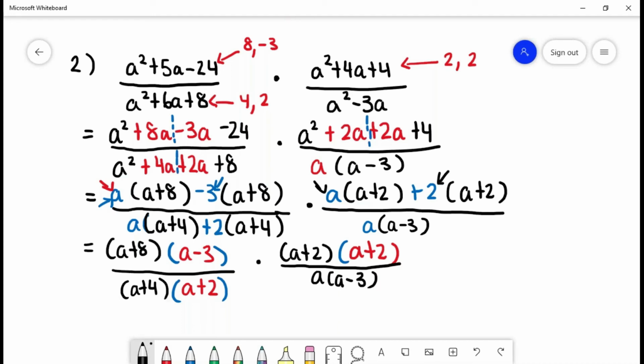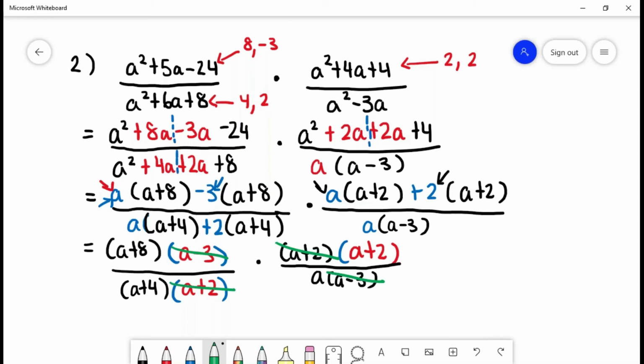And now this is exactly where we can conduct our simplification of rational expressions yet again. We're going to cancel out common terms in both the numerator and denominator. As you can see, we have an a minus 3 over here and an a minus 3 over here, so I'm going to cancel those out. We have an a plus 2 over here and an a plus 2 over here, so I'm going to cancel those out.